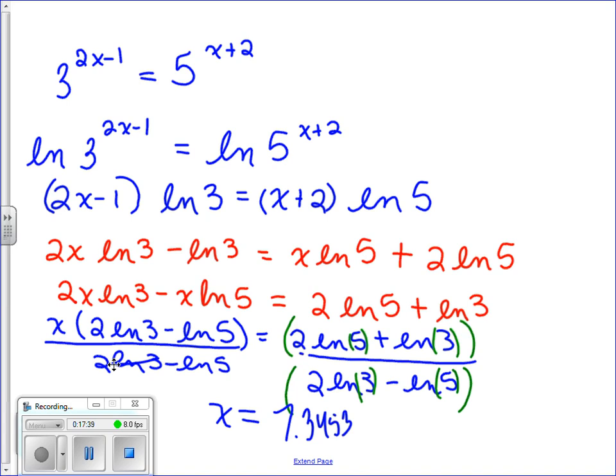And this one does have an x, so it came over here. I want my x's on one side and my non-x numbers on the other side because I want to be able to factor an x out like I did right here. So it's just x times all this stuff, so then I can just divide.